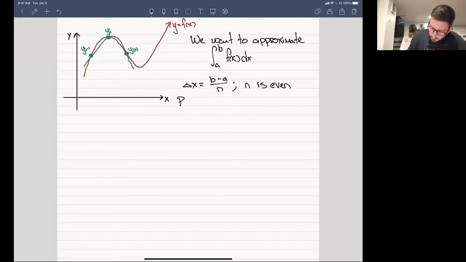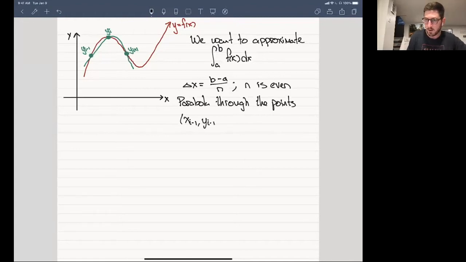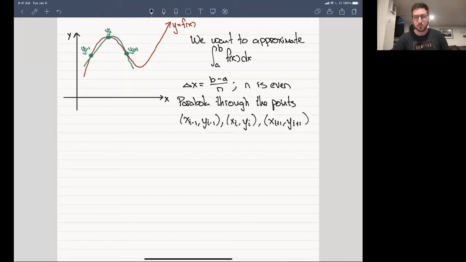But a parabola through the points, well, the first point is x_{i-1}, y_{i-1}, which is just f of x_{i-1}, then x_i, y_i, and x_{i+1}, y_{i+1}. Okay, so that's the green parabola curve that I have written right there.